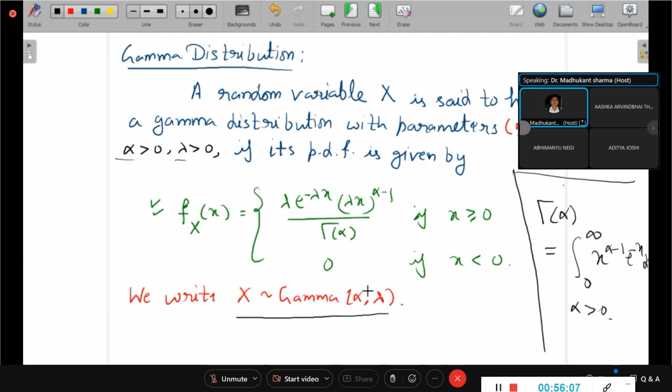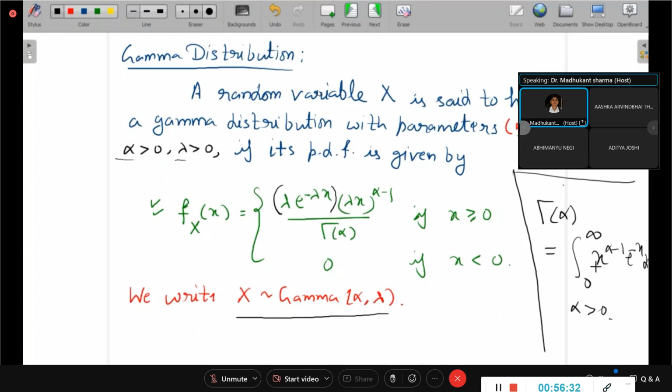You need both parameters to define this gamma distribution. Now you can look at what the additional multiplication of the exponential is: lambda times e to the power minus lambda x times lambda x to the power alpha minus 1, divided by gamma alpha. Why it has come into the picture, you can look at here.